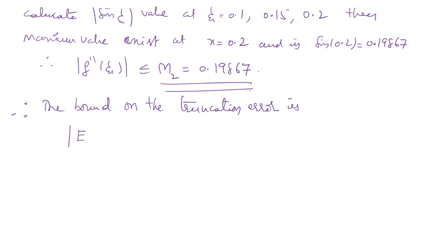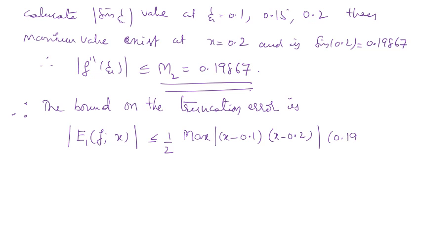Modulus of E1 of fx is less than or equal to 1 by 2, and remember here we are writing the maximum of x minus x naught, x minus x1. x naught is 0.1, x1 is 0.2, isn't it? And the maximum value here is m2, 0.19867. This is for 0.1 less than x less than 0.2, right?